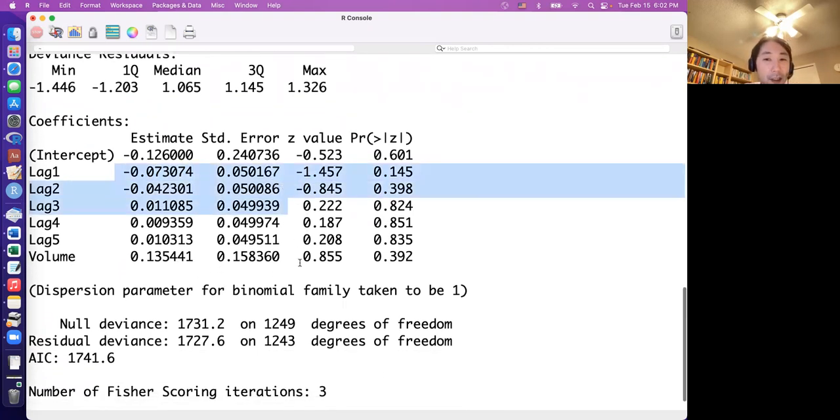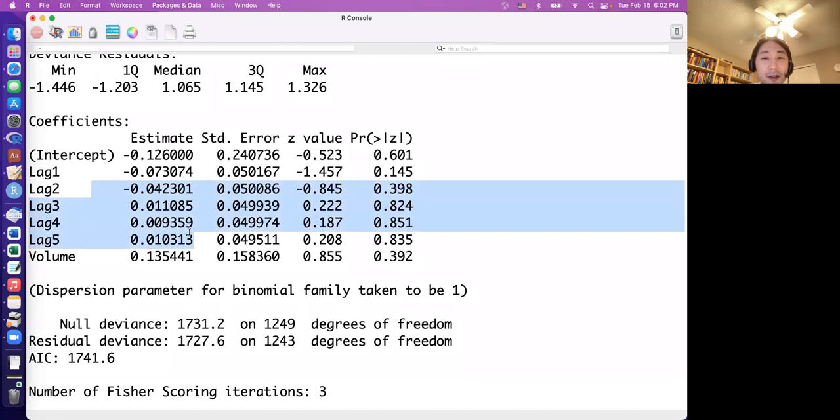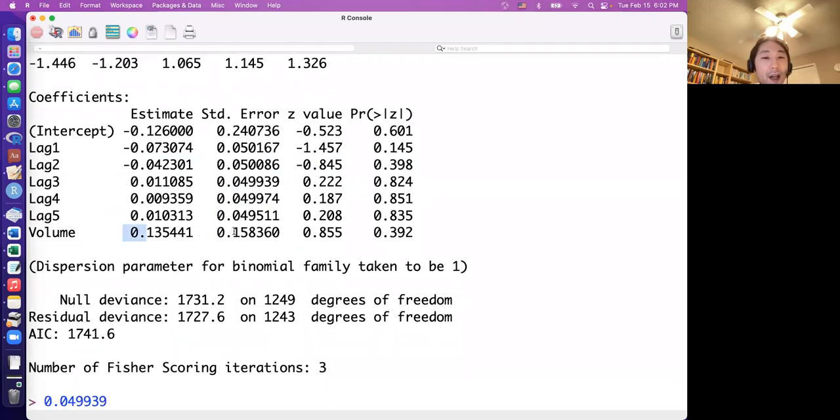Okay, so anyway, these are the results. Log 1, log 2, negative coefficients. Log 3 to 5, almost 0 coefficient, slightly negative, but if we see, the standard error is really small. Volume, we have a positive coefficient, so larger volume means we have larger gain.